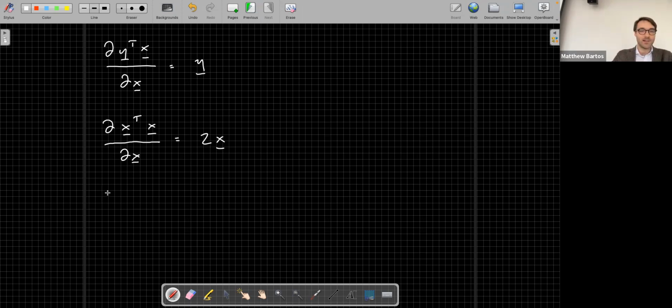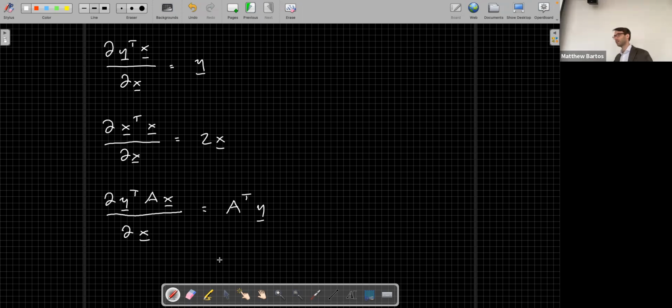Let's say we have d(y transpose Ax)/dx, where A is an n by n matrix. We're taking the gradient with respect to x. This will give us A transpose y. You can find this just by applying the same process we did before. I won't go through it, but this is another identity that we're going to need.